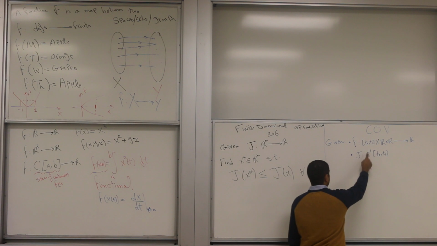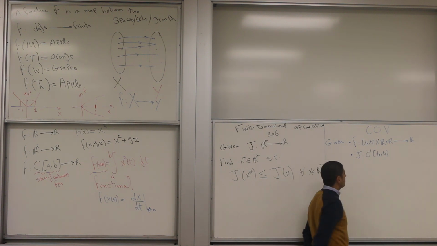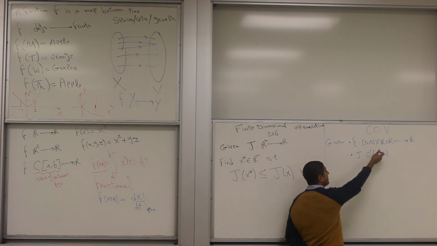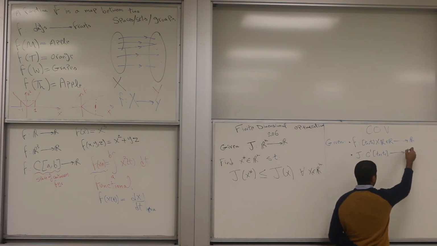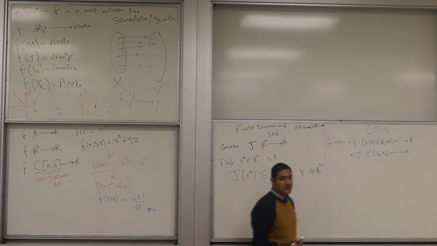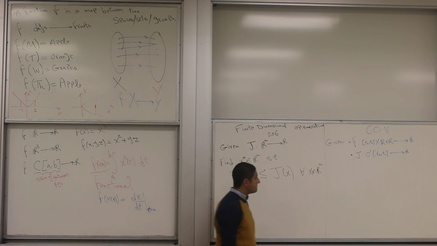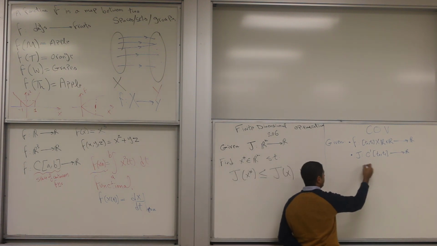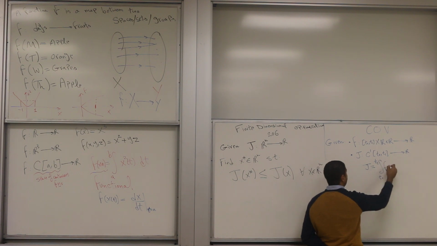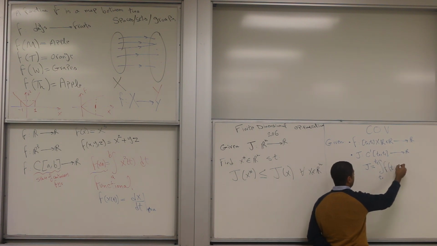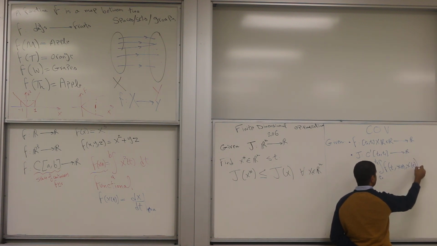So C1 is the space of differentiable functions over this interval. So J takes a function as an input and returns you a real number. So J is called what? Functional. Okay? J is defined as the integral between t0 and t1 of this guy, F of t, x of t, x dot of t, dt.